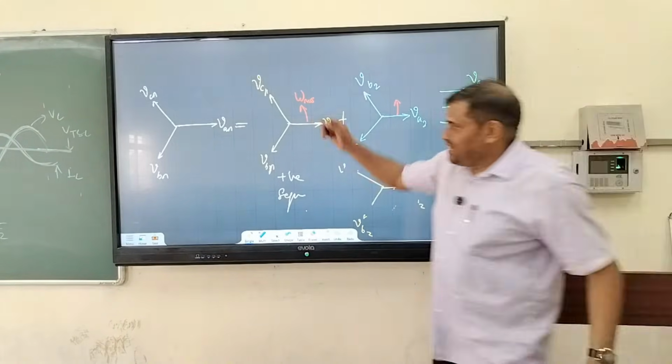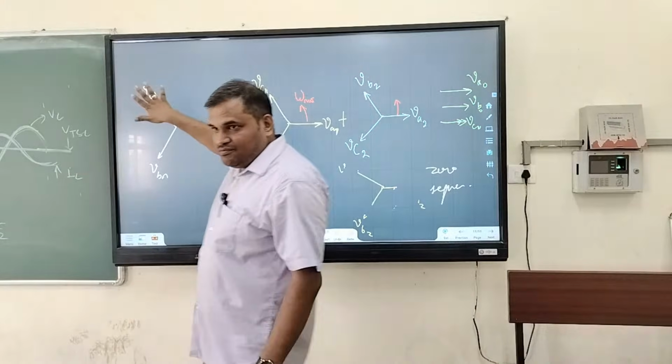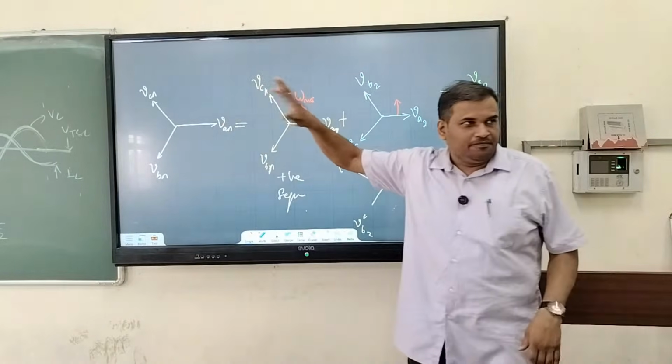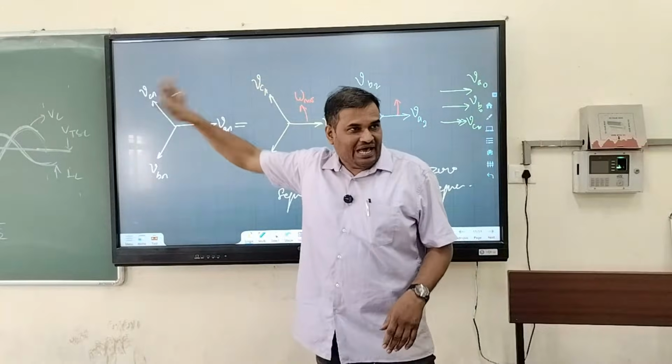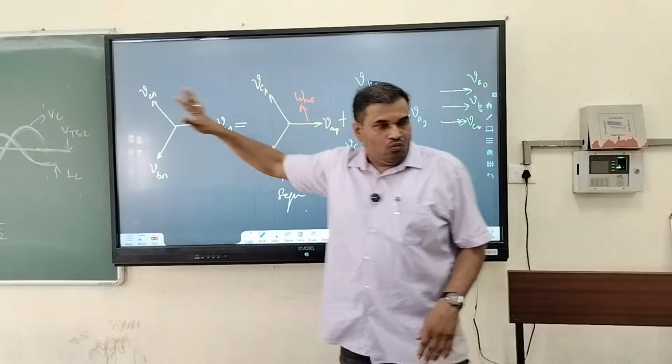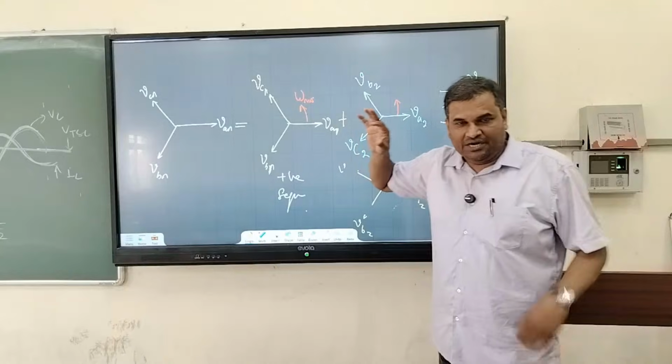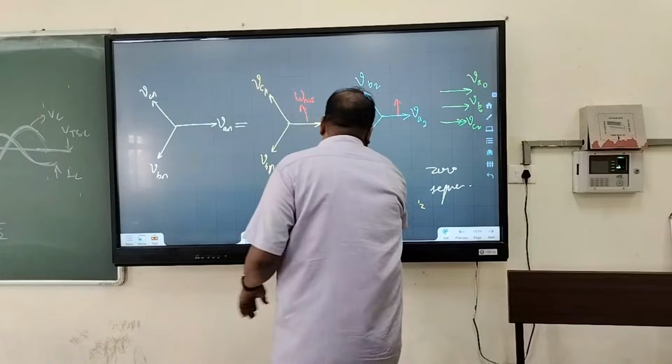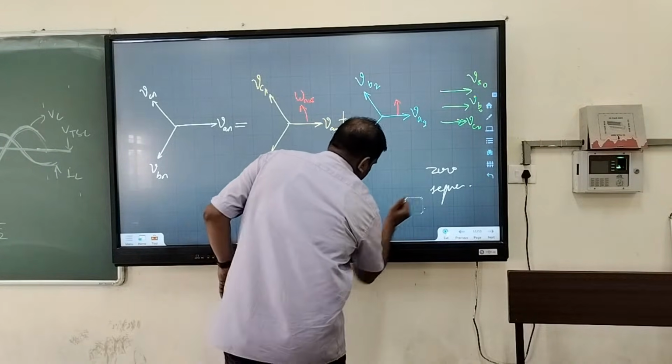So if the supply voltage is balanced, this is one more question. Suppose supply voltage is balanced, what will be... let me first write down what the equation is, then I will ask you.